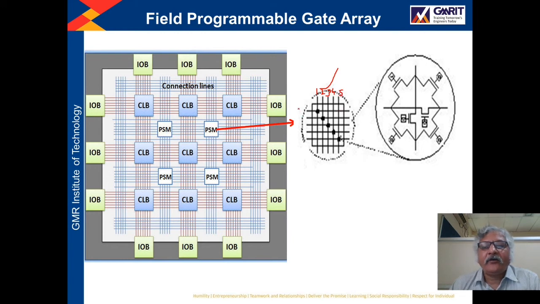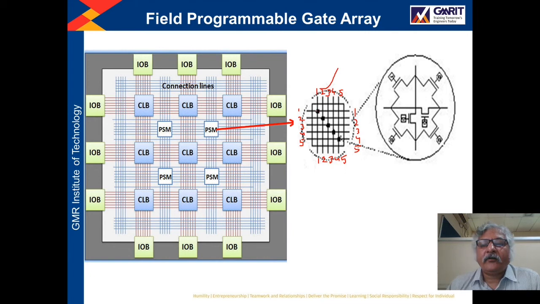And horizontal wires 1, 2, 3, 4, 5 horizontal wires from this side, and on this side also 1, 2, 3, 4, 5, and vertical wires at the downside also 1, 2, 3, 4, 5.